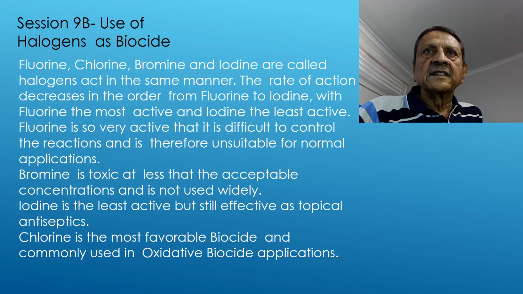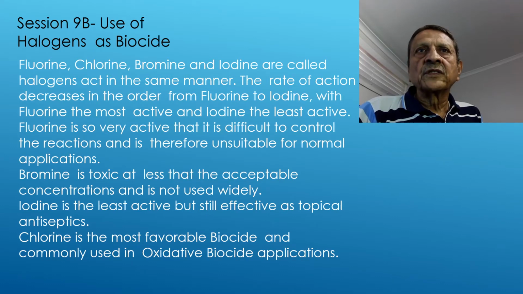Iodine is the least reactive but still effective as topical antiseptics. In other words, iodine is kept on wounds for a long period of time with less concentration or less effective oxidation biocide.